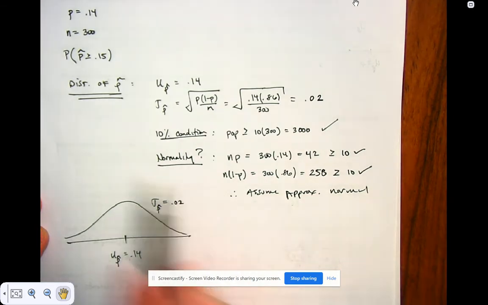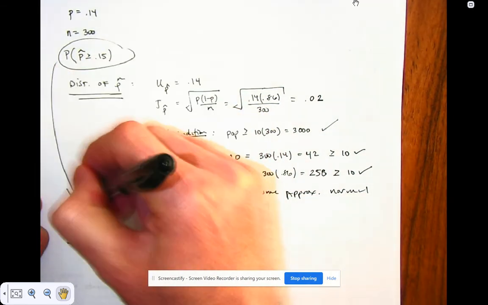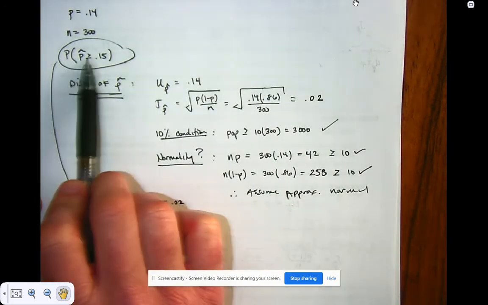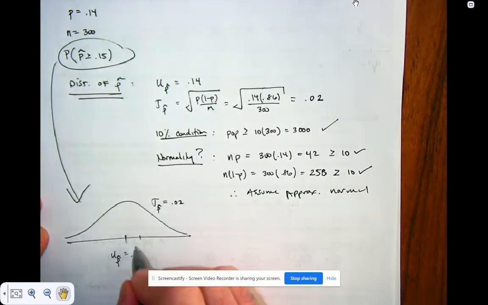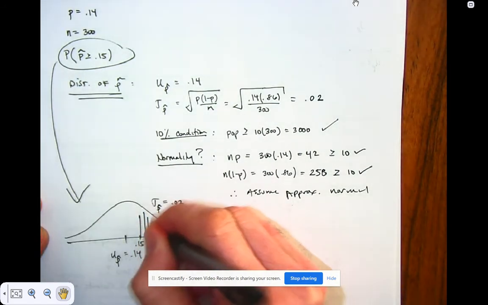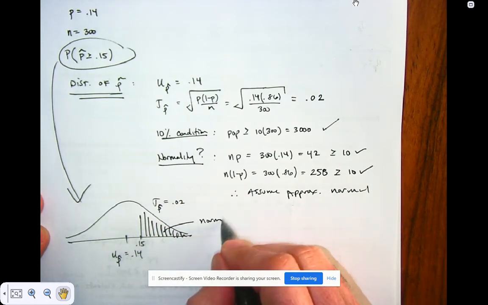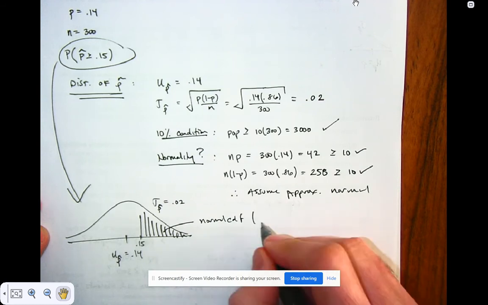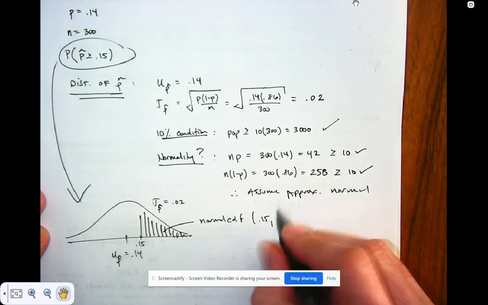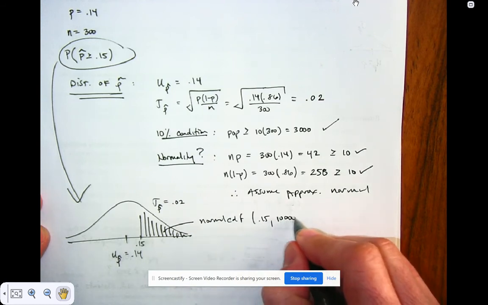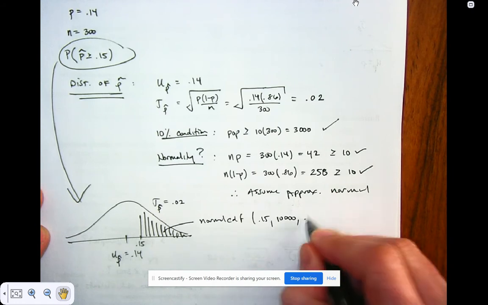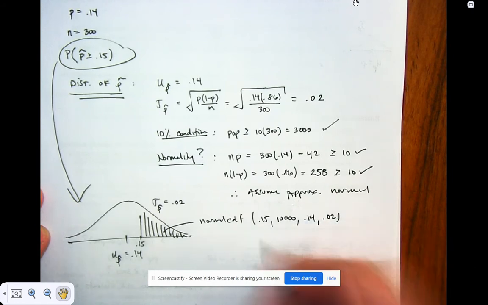Okay. And if we want to know this question, right, what's the probability that p hat is greater than or equal to 0.15? Well, 0.15 is right here. All we want to know is what's the probability that that happens. So we say, well, that's normal CDF from 0.15 up to massive number, call it 10,000, with a mean of 0.14 and a standard deviation of 0.02.